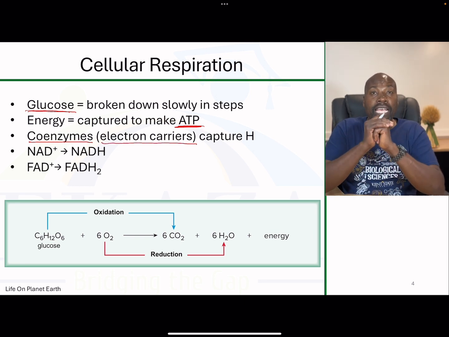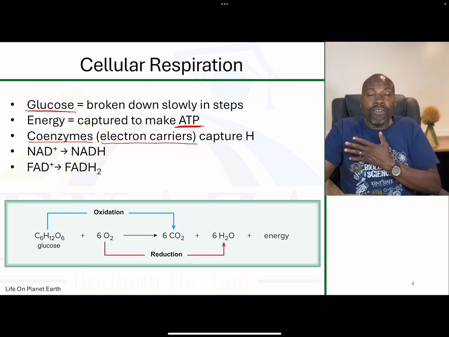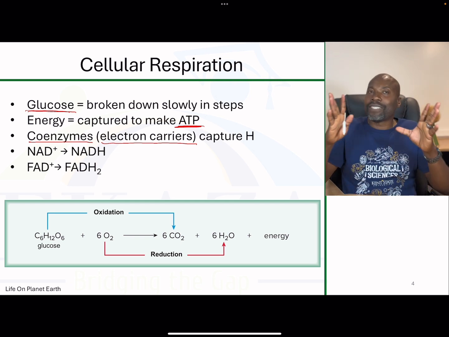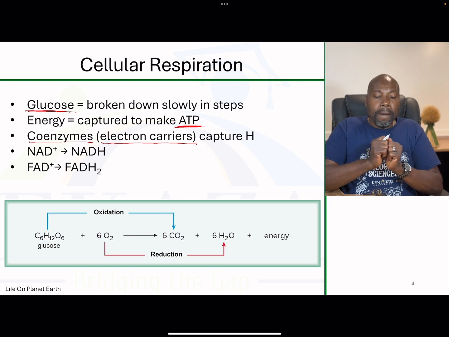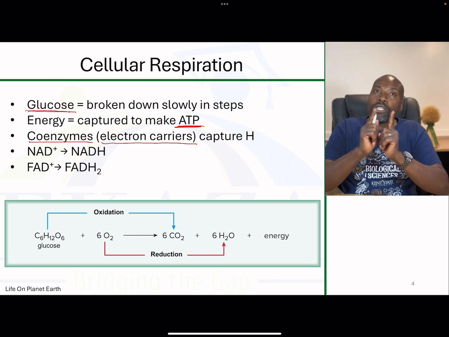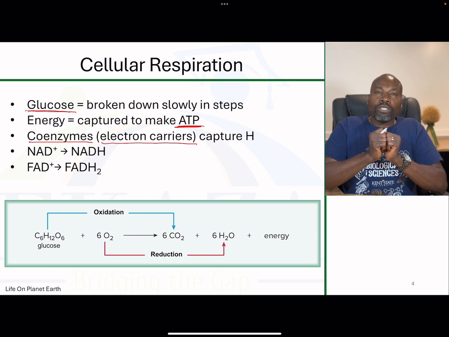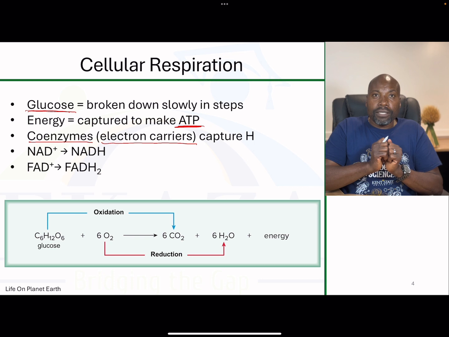Now, what I have not said is that when glucose breaks down and releases energy, that energy in reality is contained in electrons. Electrons that are very unstable, right? Now, these electrons are caught by electron carriers. Now, what you also want to know is that when these electrons are unstable and caught, what is also caught?